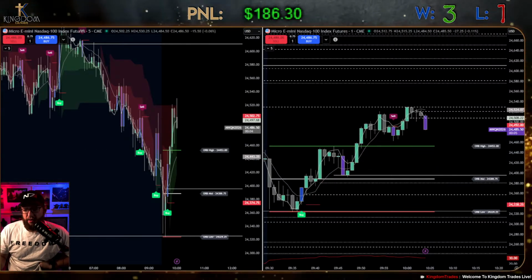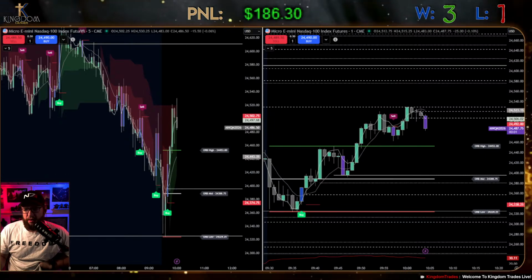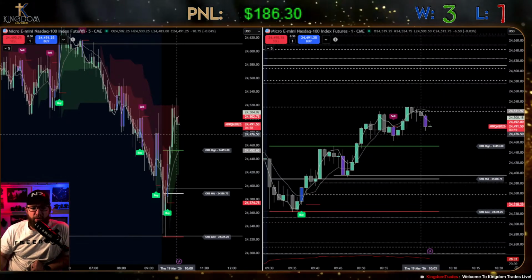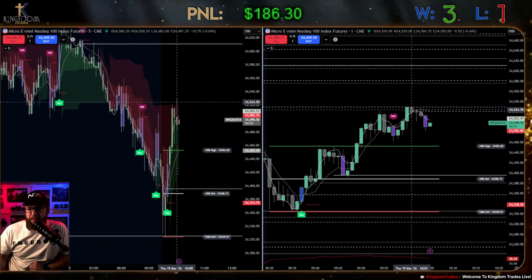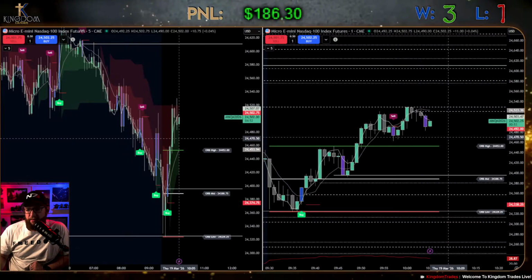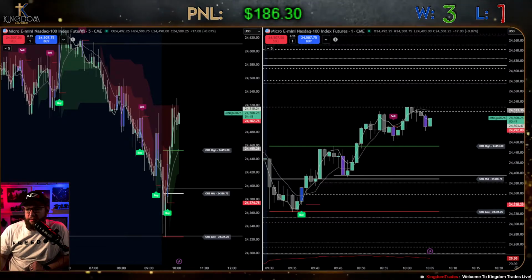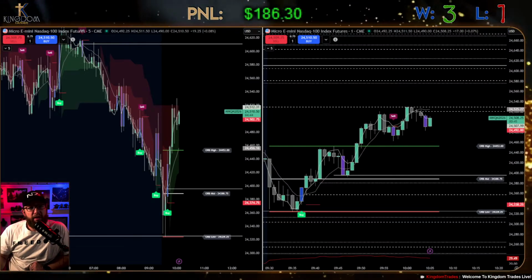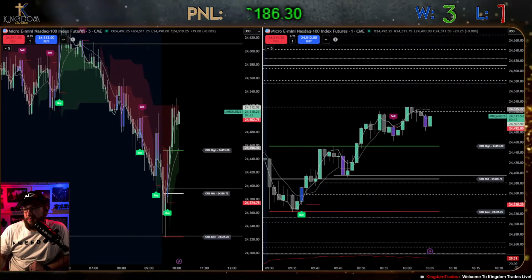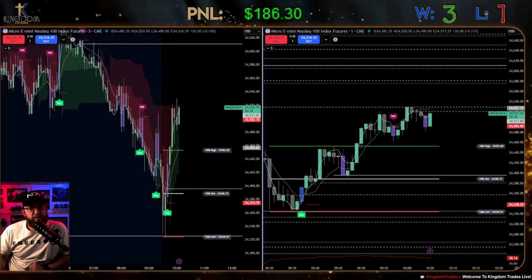Creating a big purple candle here. I'm looking at these 1-minute levels. Nice push back up. Purple sell here. Ripped right through.